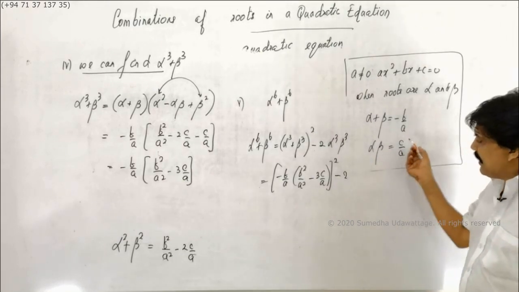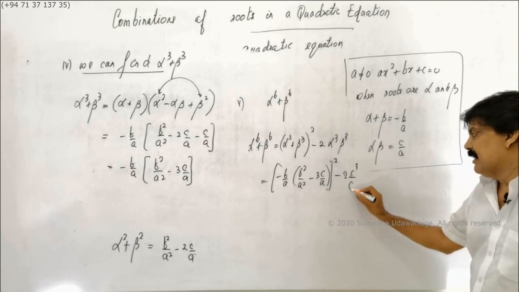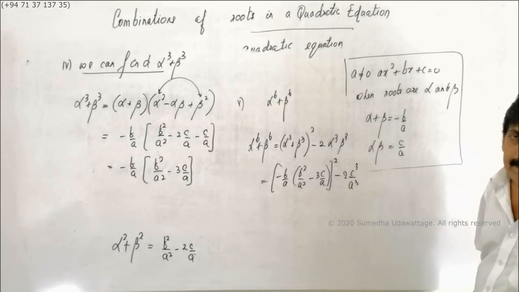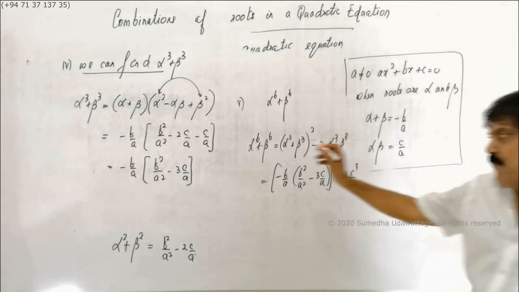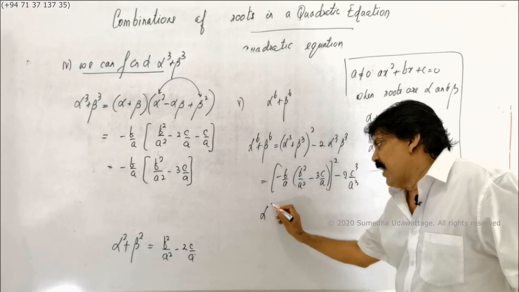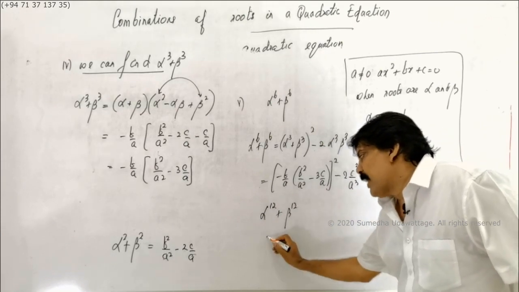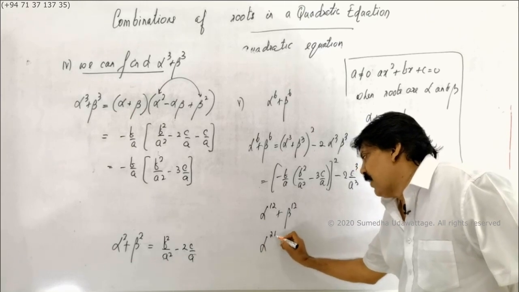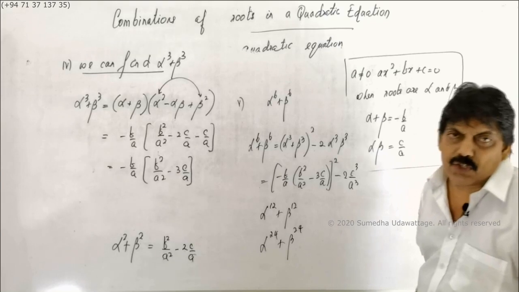Look here, alpha beta is c over a, alpha 3 beta 3 is c3 over a3. Now, the logic can go on as such. From alpha 6 beta 6, you can find the value of alpha 12 plus beta 12, then alpha 24, beta 24, and so on.